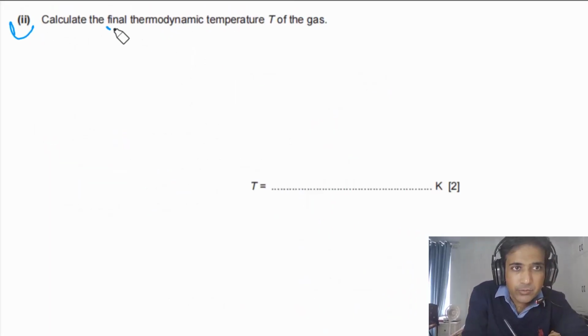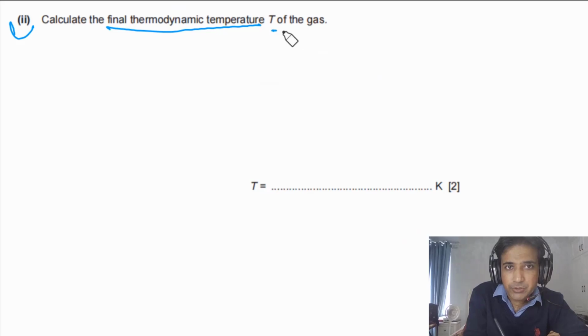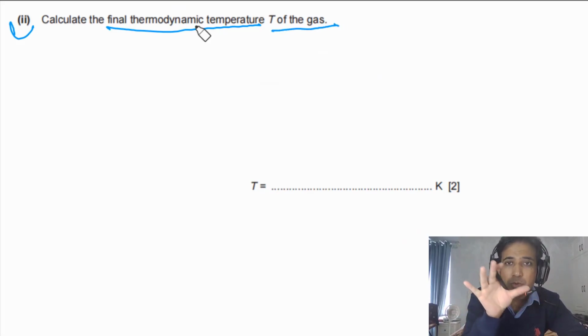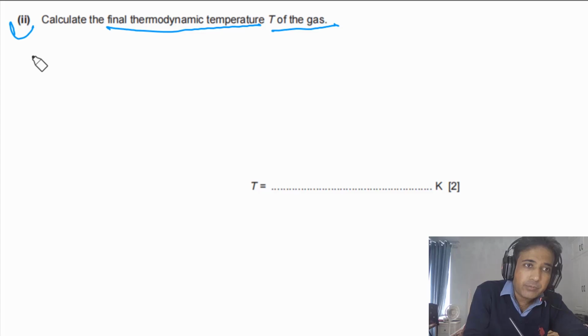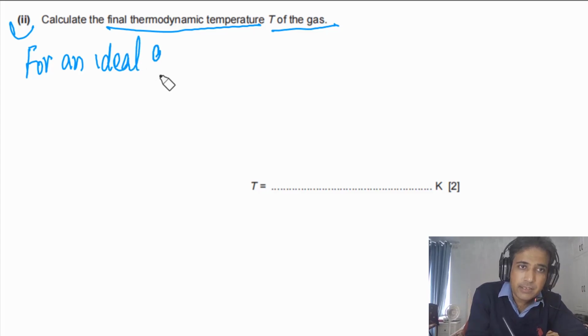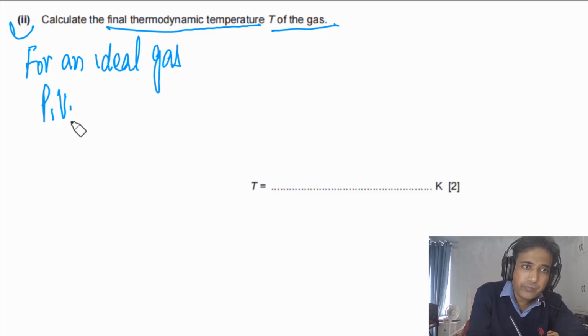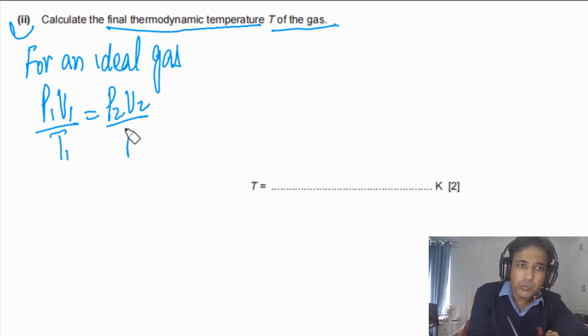The second part says calculate the final thermodynamic temperature of the gas, meaning the answer has to be in kelvins. Thermodynamic temperature means absolute temperature. So how can we answer this question? We can simply start from the very basics. For an ideal gas, the ratio P1 V1 over T1 should be equal to P2 V2 over T2.